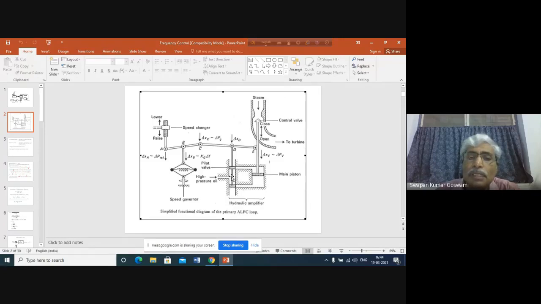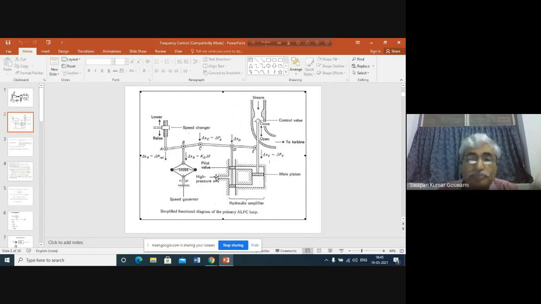Now this cylinder is again connected with high pressure oil. What is the purpose of this high pressure oil pump? The high pressure oil pump will maintain a pressure, that means maintain a thrust on this oil here, such that oil in this cylinder remains in a stable condition, remains in steady state.